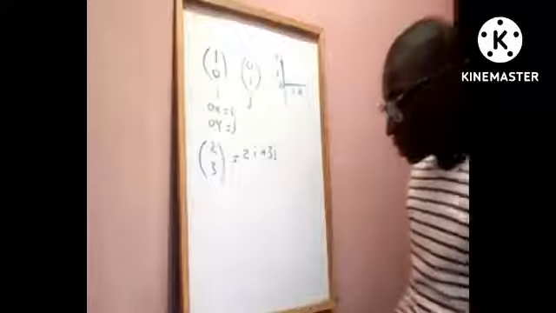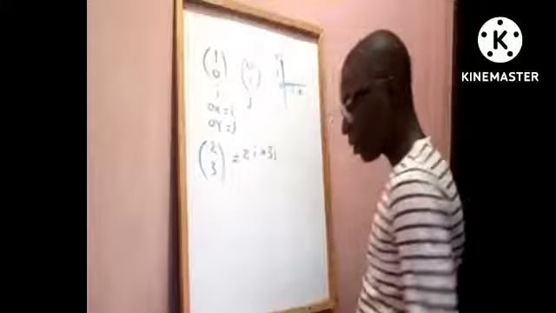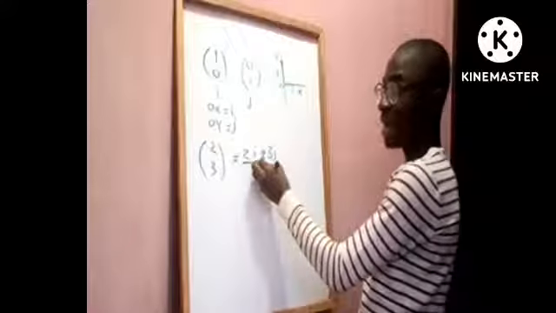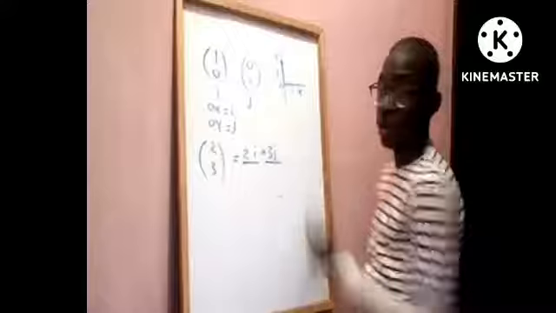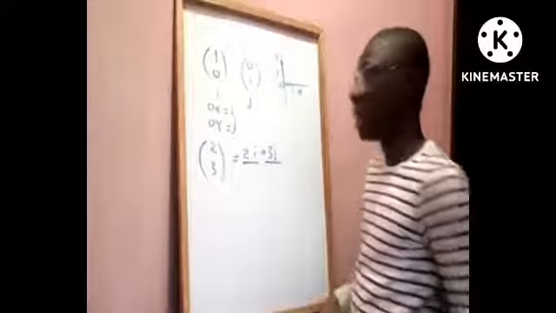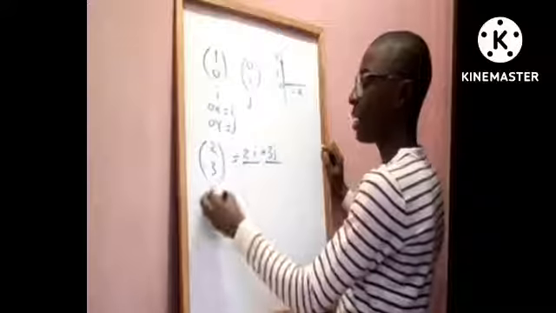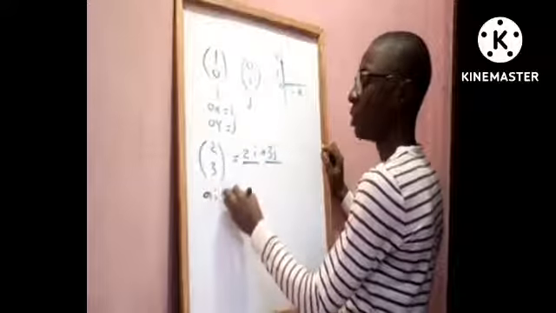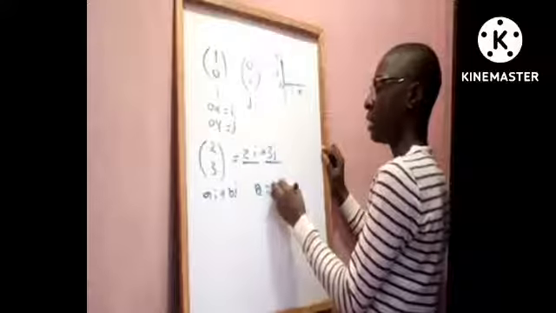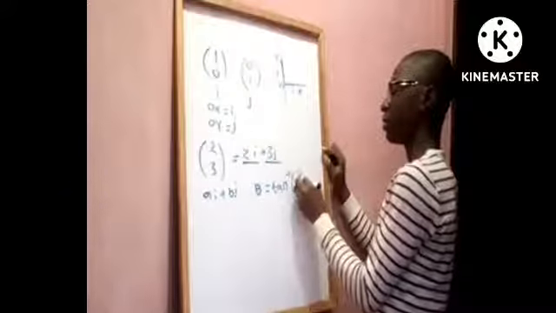So first of all, let's talk about the components of a vector. This is the x component of a vector, and this is the y component of a vector. Now, the angle that a vector ai plus bj makes to the x-axis is theta equals tan inverse of b over a.